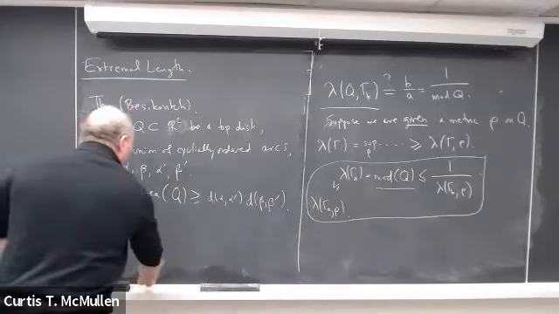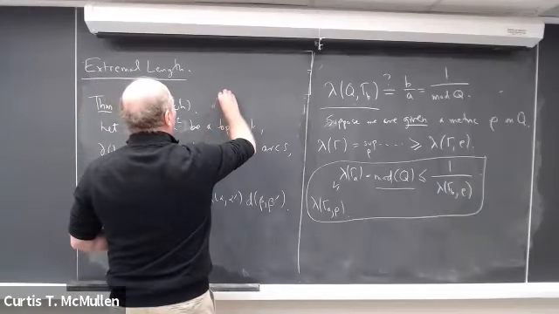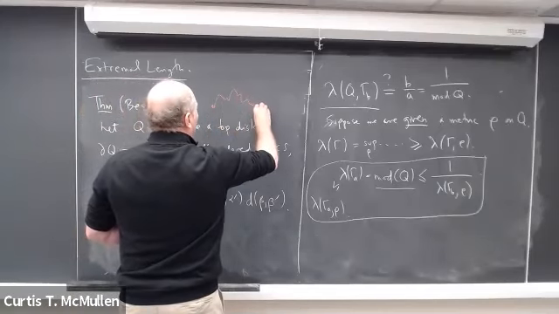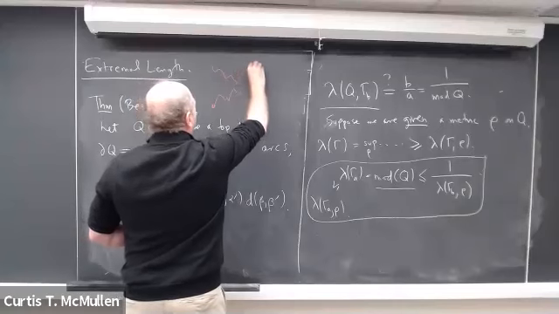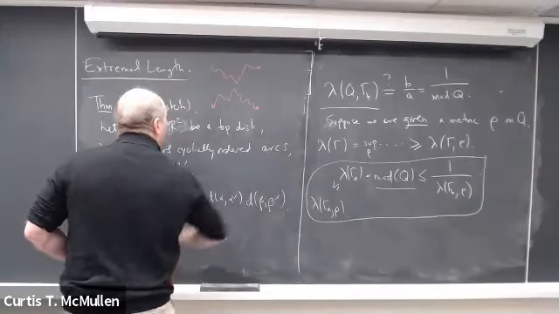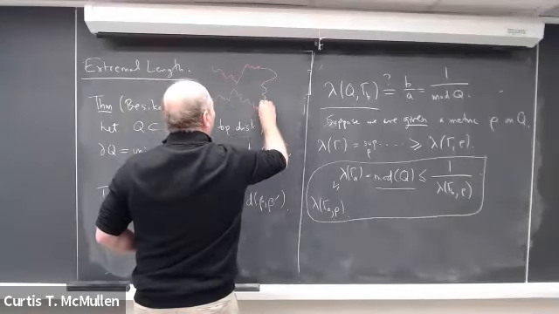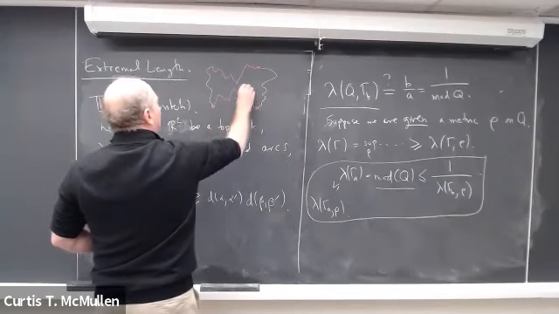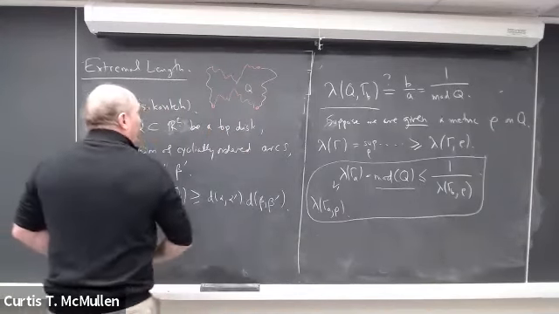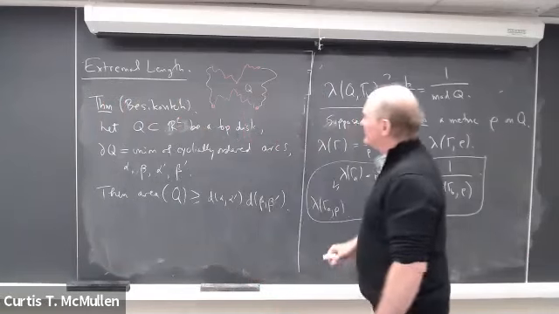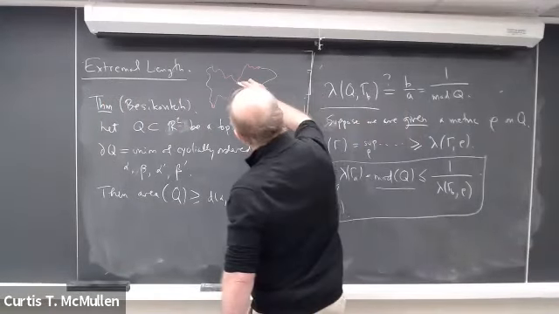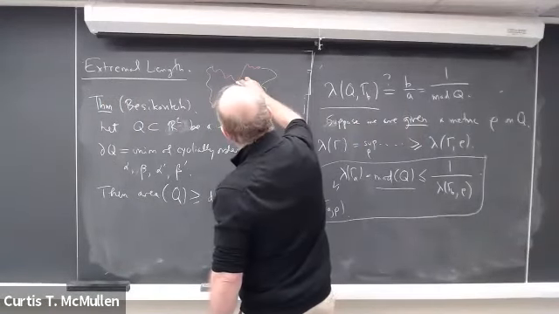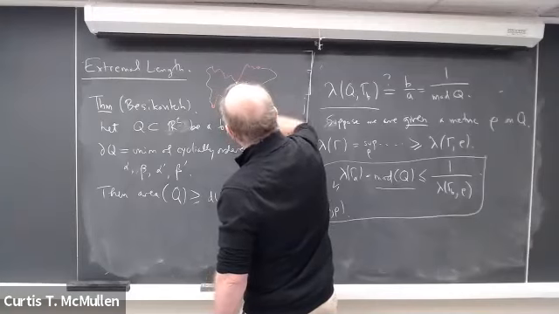So think about what this says. It's really pretty neat. So you have a pretty wild region like this, let's say. This is our region Q. And I want to figure out what the area is of Q. So what I do is I look at how close the red sides get to each other.